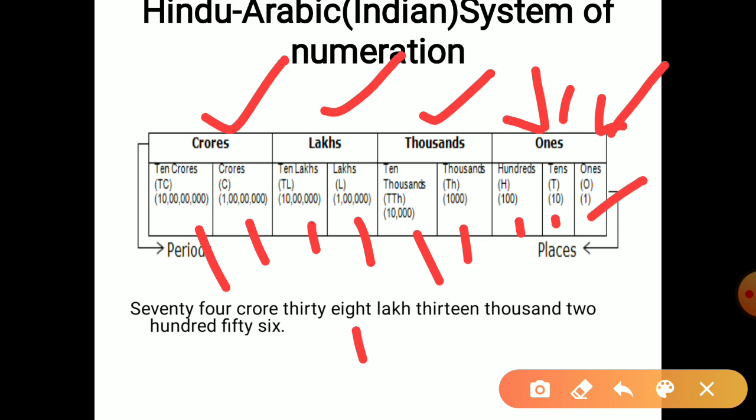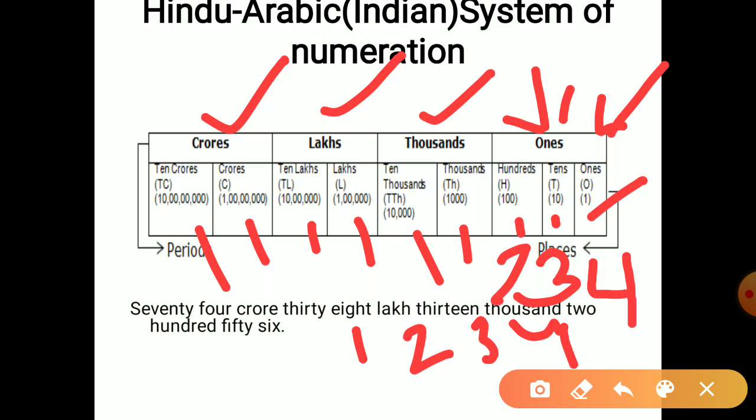Suppose my number is 1, 2, 3, 4, and I have to write this number in Indian number system. So, I'll write my first digit into the right hand side, then we will move to the left hand side like this. Now I will read this number according to the Hindu number system.